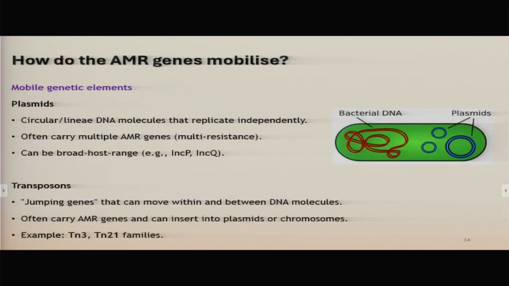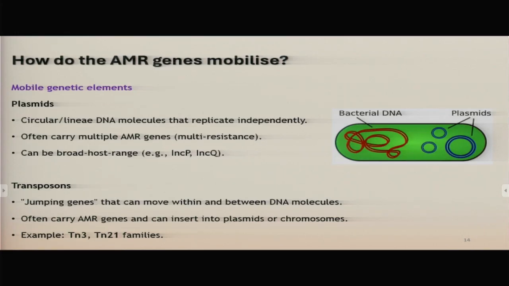For mobile genetic elements, we have got the plasmids, I told you already. Plasmids can be circular, and exceptionally, they can also be linear. Plasmids don't require cellular machinery and all. They are independent, they replicate independently.